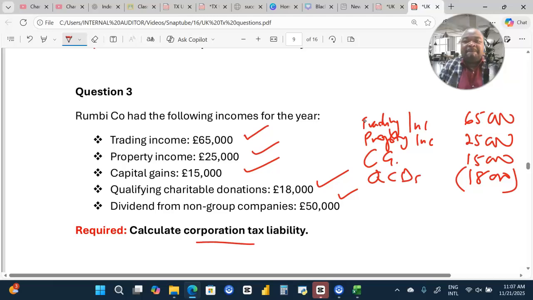So this one gives us the TTP. That's the total taxable profits.